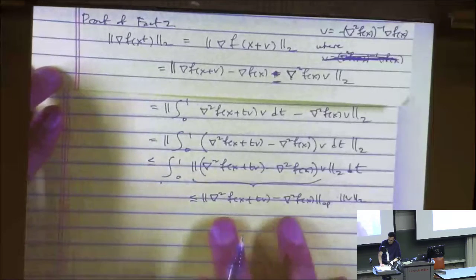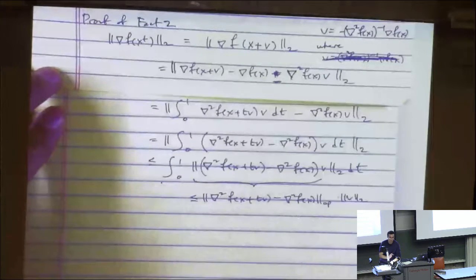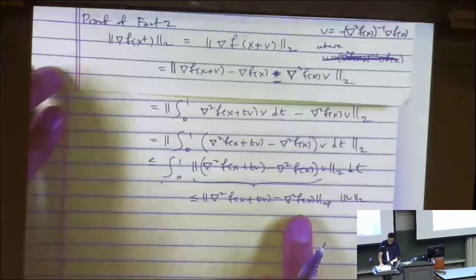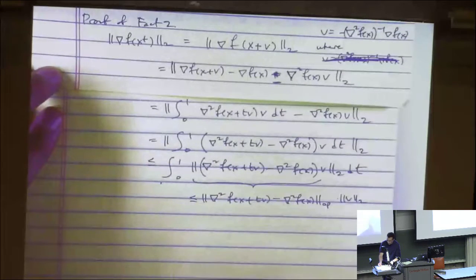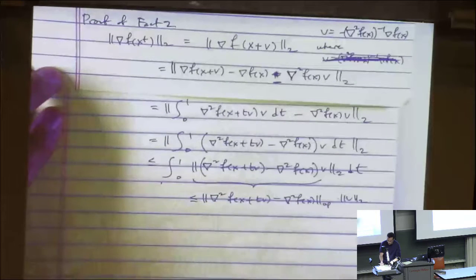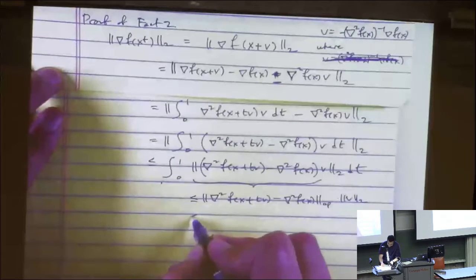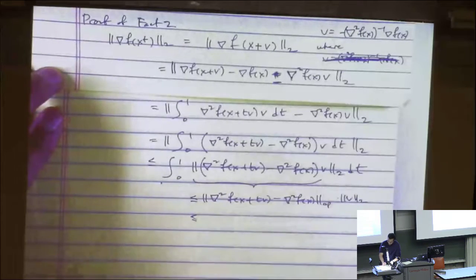Or really, that's not Cauchy-Schwarz. That is the definition of the operator norm. The operator norm gives us the inequality by definition. If, for example, you take v to be unit length, this is saying that the largest eigenvalue is exactly this. And now I invoke the Lipschitzness of the Hessian.